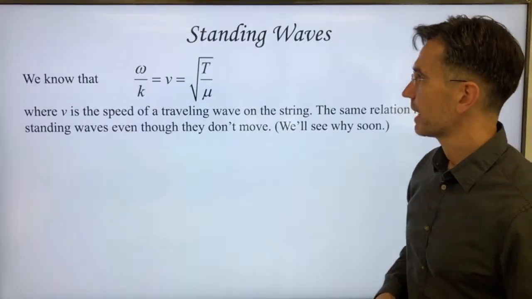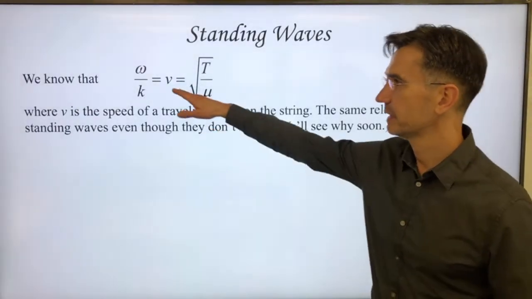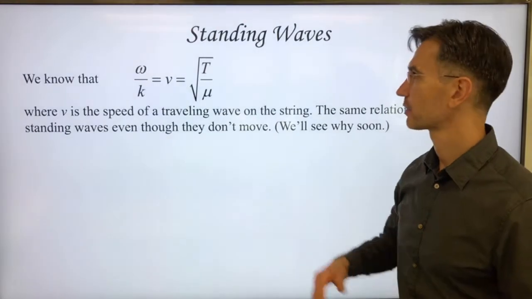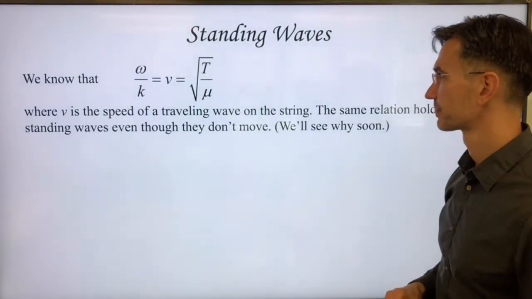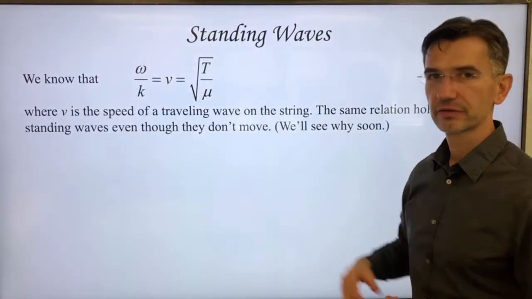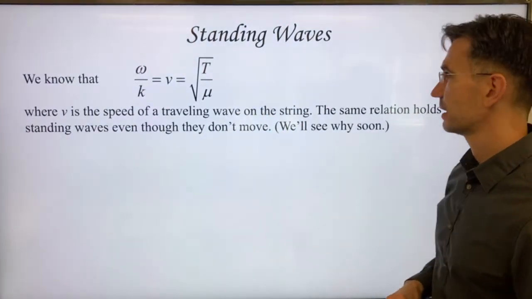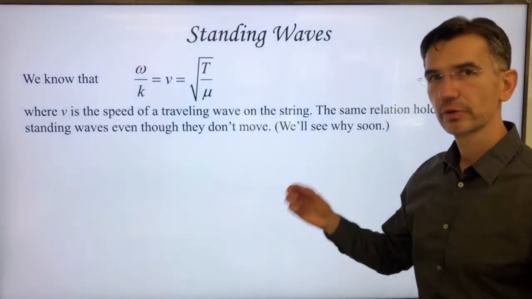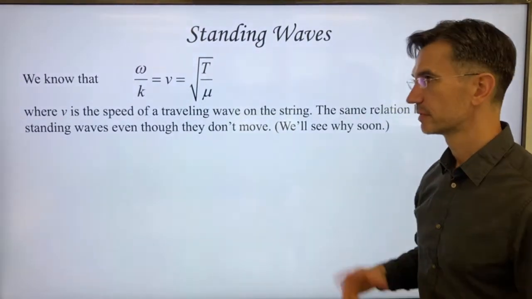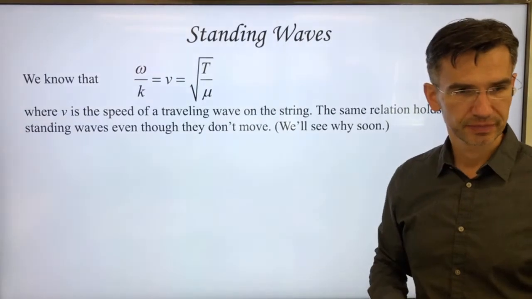We know that the speed of a wave is omega over k, or in the case of a string, is the square root of tension over mu. So this is the speed of a traveling wave, and we can actually use the same expression for a standing wave, even though the wave does not actually move, and we'll see in a little bit why that's the case.